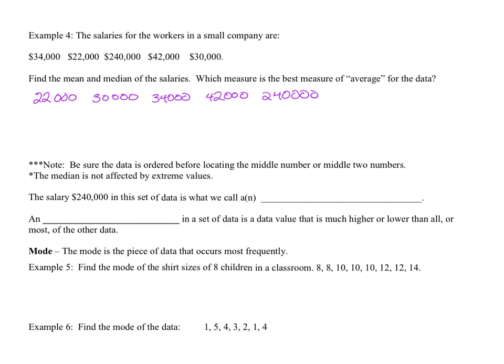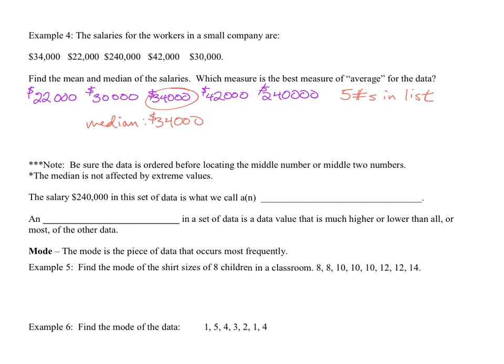Since there are only 5 numbers in our list, that is an odd number of numbers. What that means is we can just take the middle number, and that's our median. Median is 34,000, and in fact, dollars. I should probably be using units for all of these.